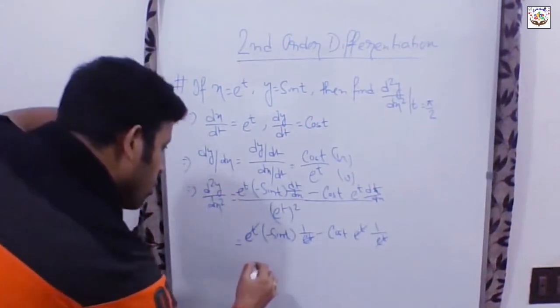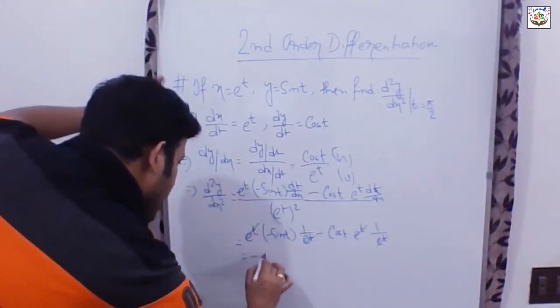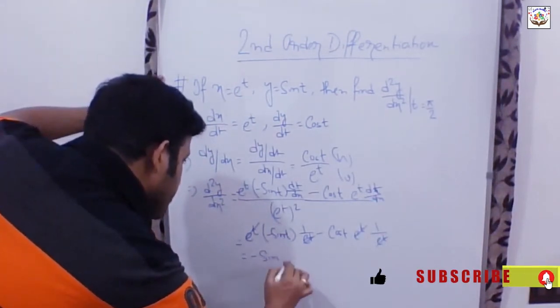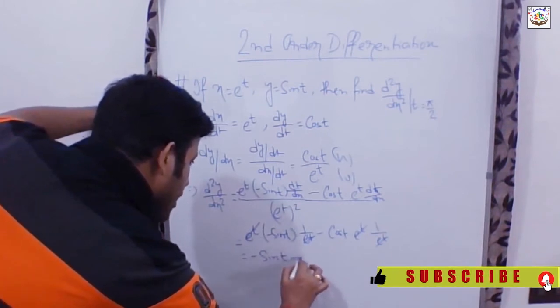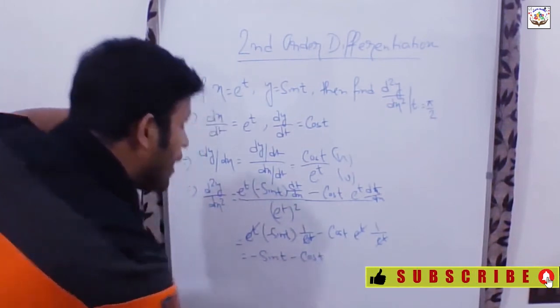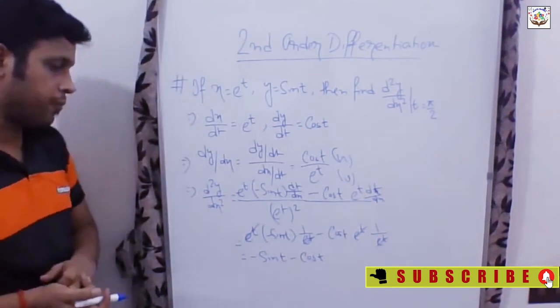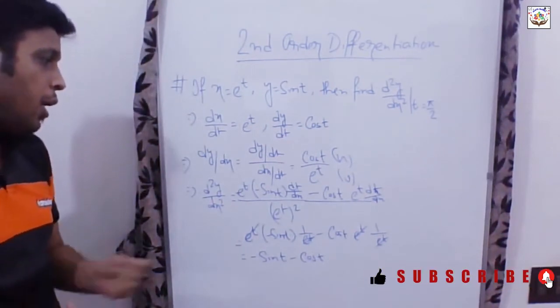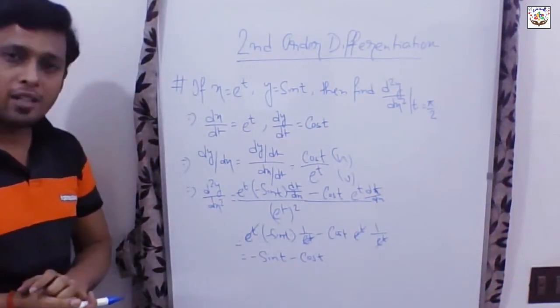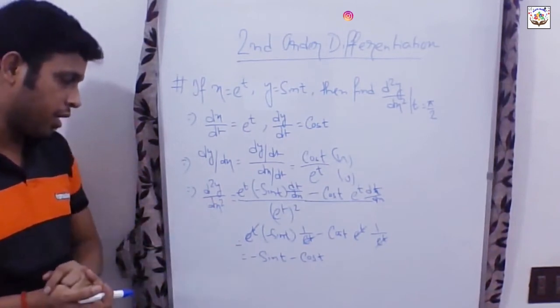What is remaining is minus sin t minus cos t as d2y/dx square.